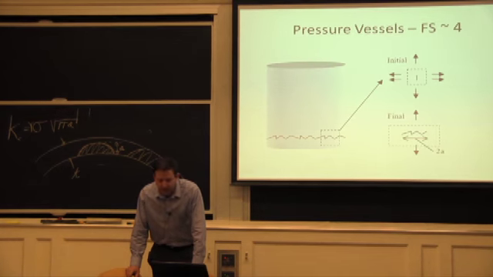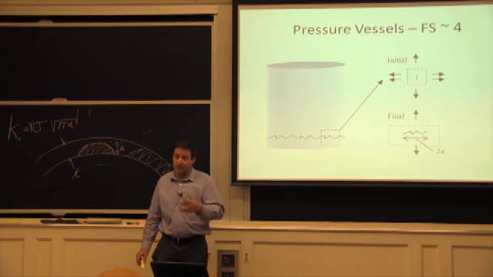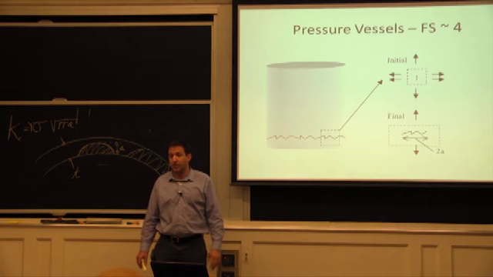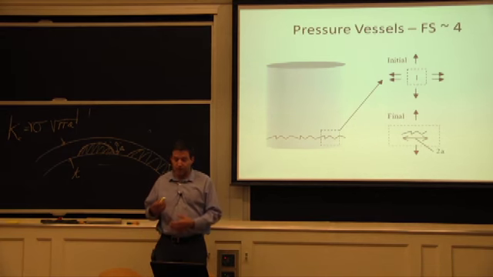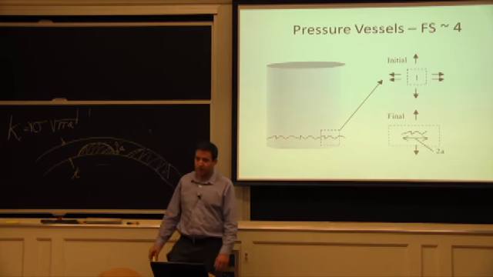So it comes back to this idea that you don't design with a factor of safety that's minimal, thinking, oh, it can break, it'll be fine. So you have redundancy in your safety. You don't want it to get into this leaking situation.